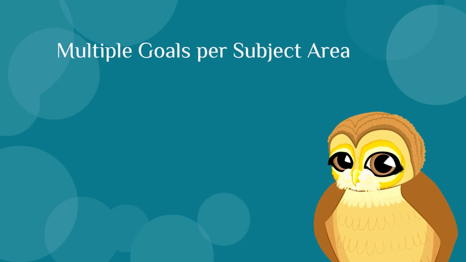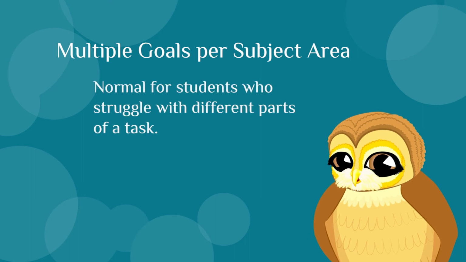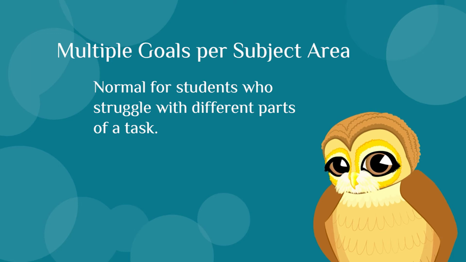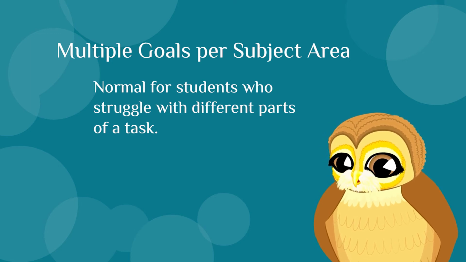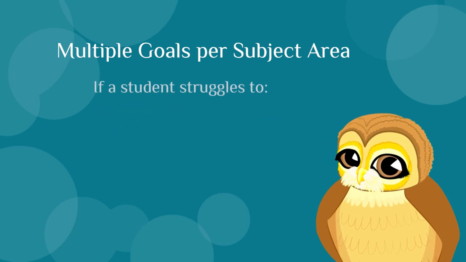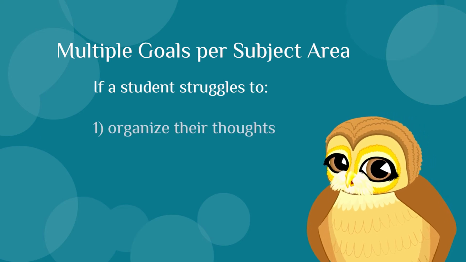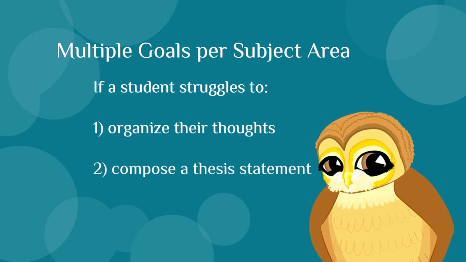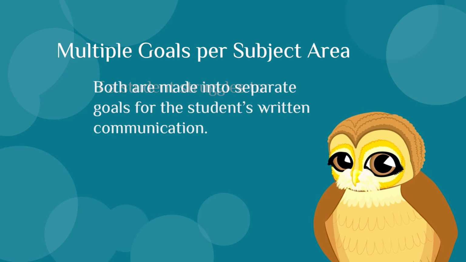When looking at the goals section of the IEP, you might see multiple goals under each subject. This is a requirement if the student struggles with multiple tasks in the required assignments. For instance, if a student struggles to organize their thoughts as well as compose a thesis statement for an essay, that is 2 different goals for writing, one for organization and one for composing a thesis statement.